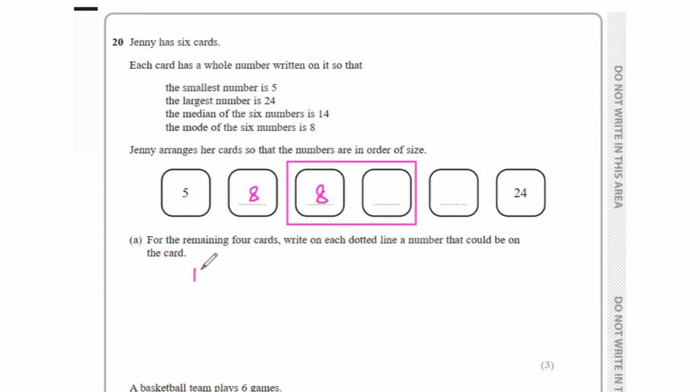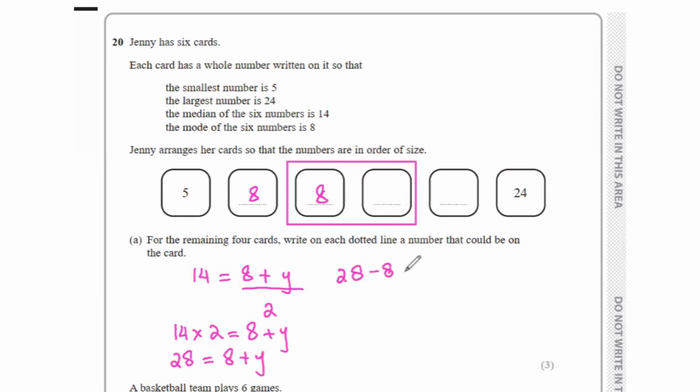So if we write 14 equals 8 plus y divided by 2, cross multiply. 14 times 2 equals 8 plus y. 28 equals 8 plus y. And 28 minus 8 is going to be y, which is 20. Which means this card is 20.